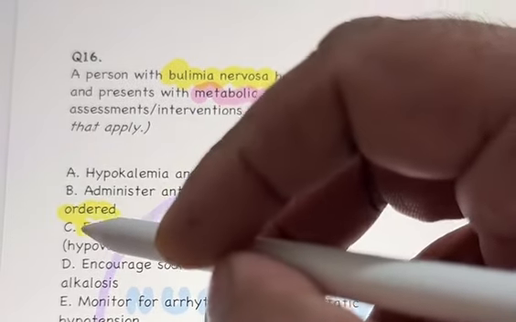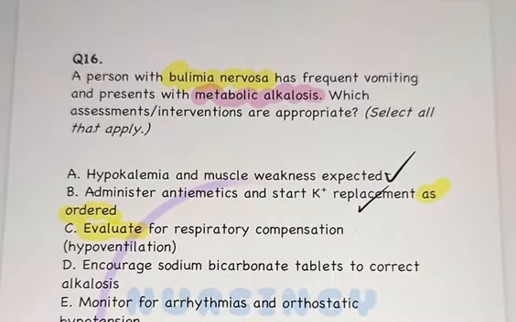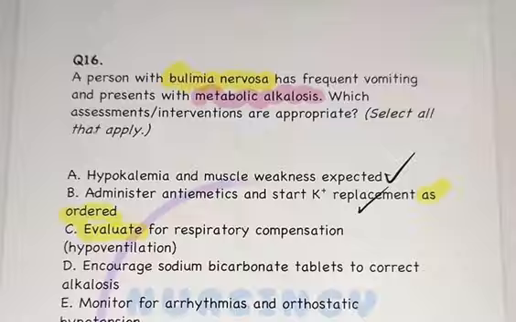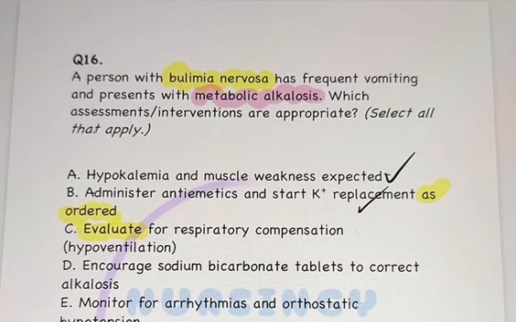We are not doing anything, we are just monitoring, because body compensates for metabolic alkalosis by slowing the breathing, which will increase the carbonic acid and lower the blood pH. If we have too much acidosis, then you will have hyperventilation, because body will try to blow off the acid. Yes, compensate. So that's why we will evaluate this one.